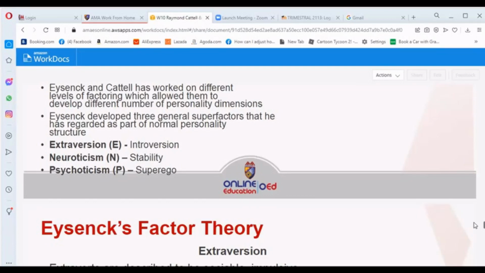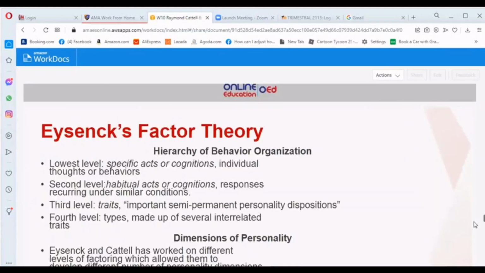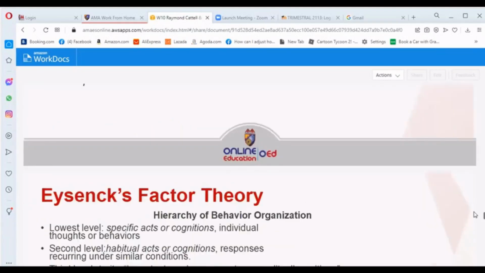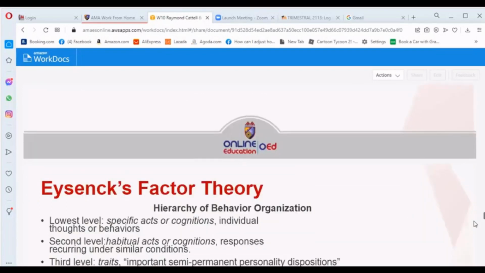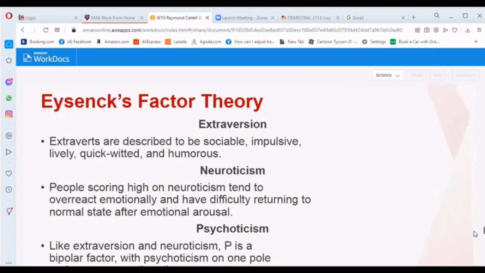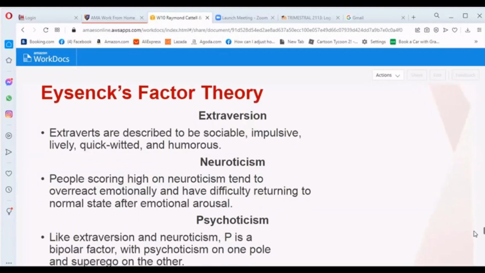Under the Eysenck factors also, we have extraversion. How is it identified? Extroverts are described as sociable, impulsive, lively, quick-witted, and humorous. Those are the persons who have extraversion.